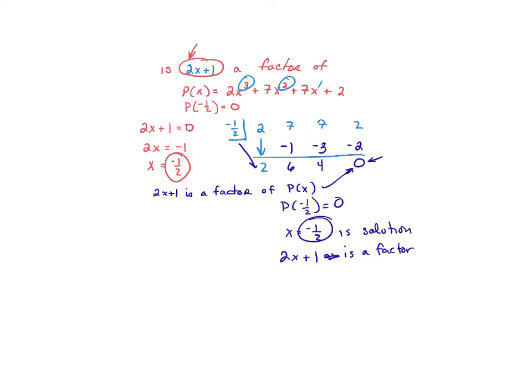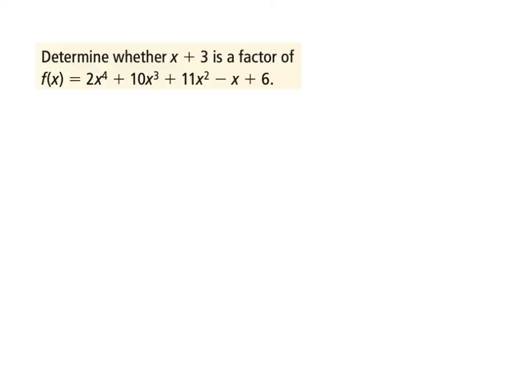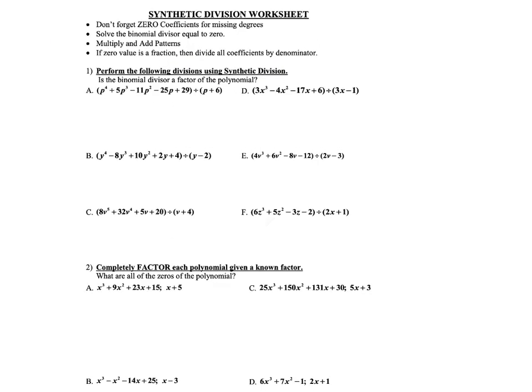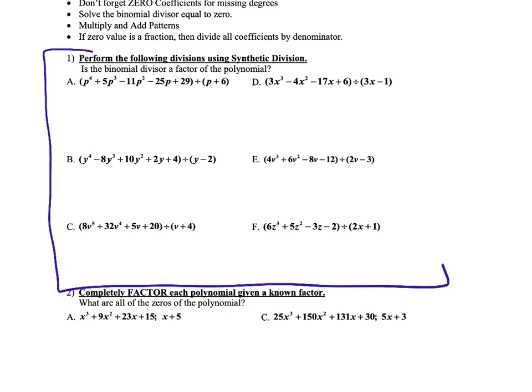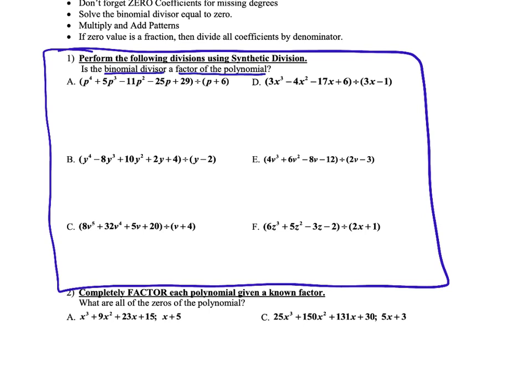That's it. Your assignment is a handout that I posted online. Looks like this. Now all you have to do though is this first group. You can see, is the binomial divisor a factor of the polynomial? Is p plus 6 a factor of this? Now be careful when you do it.